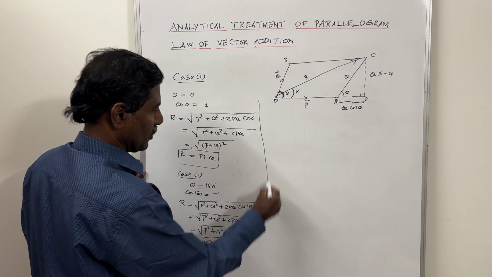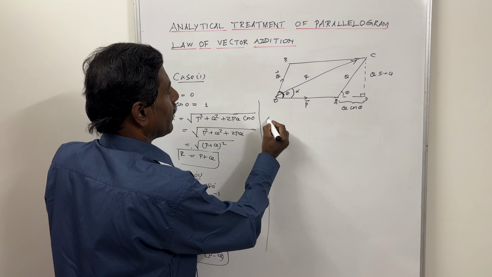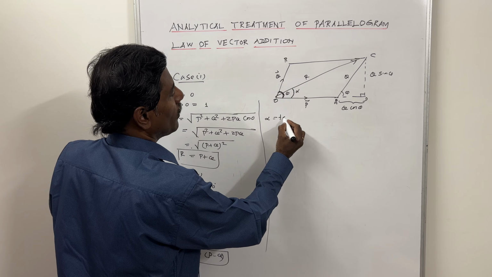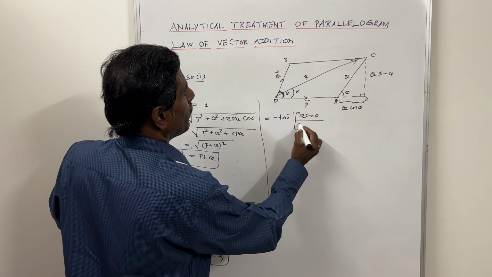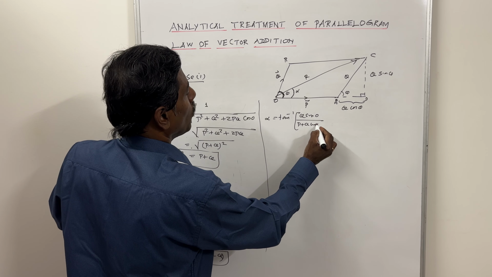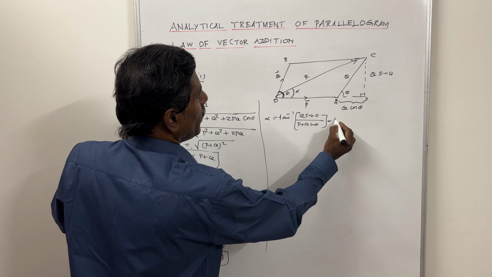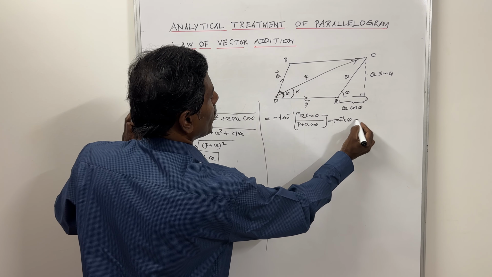In both cases, the resultant direction is tan inverse of Q sin 0 by P plus Q cos 0. Sin 0 is 0, so tan inverse 0, the answer is 0.